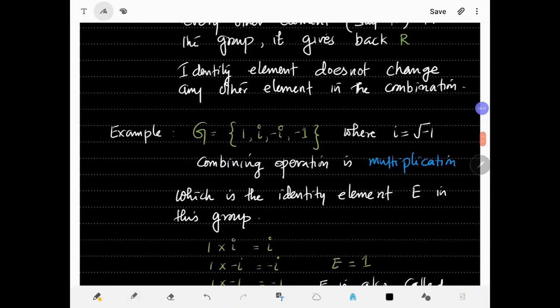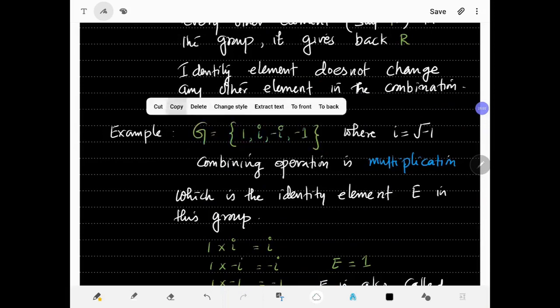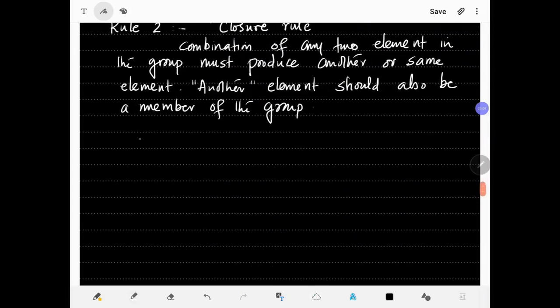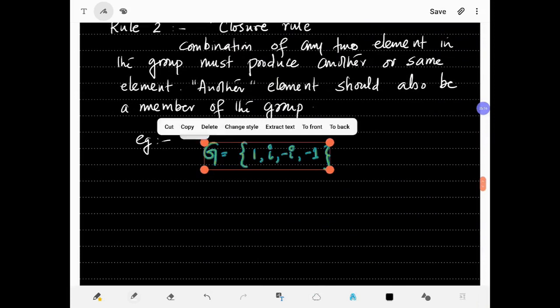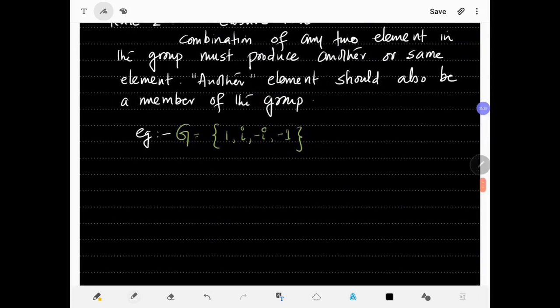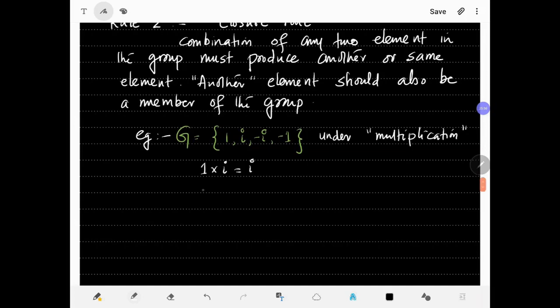Now let's bring back the same example. Now we have 4 elements and the combining operation is multiplication. See, it's not necessary that the combining operation should always be multiplication. It can be addition, it can be matrix multiplication, it can be a combined operation between two symmetry operations, etc. Take any two elements in the group and combine under multiplication.